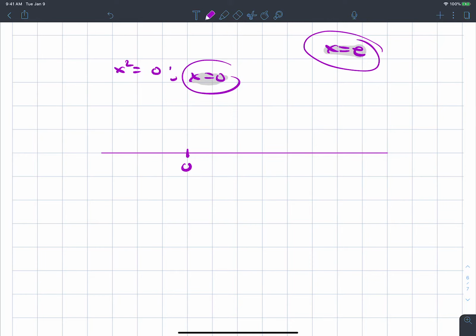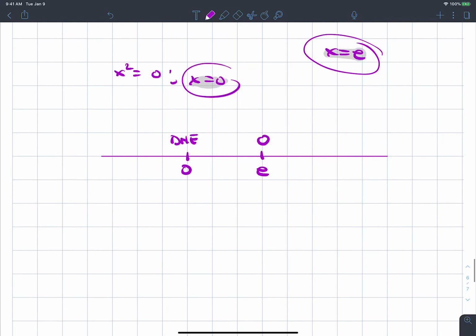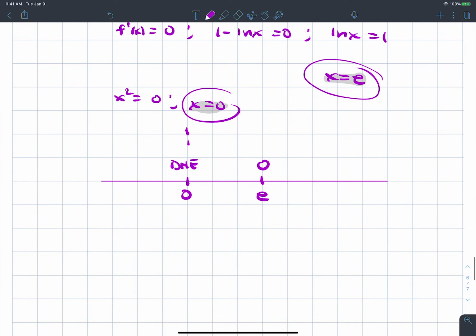So we get x is 0. I get x is e. When x is 0, the derivative does not exist. When x is e, the derivative is 0. So that gives me 3 quadrants again. Quadrant 1, 2, and 3.